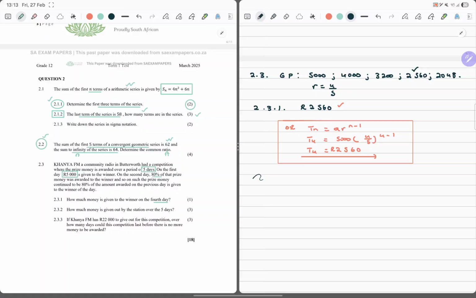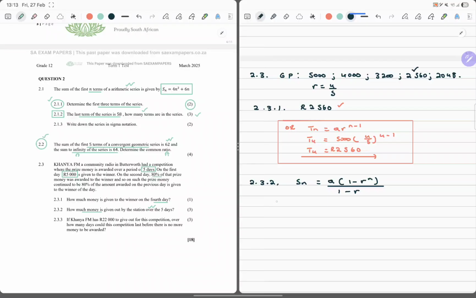Okay, so this is going to be 2.3.2. This one says how much money is given out by the station over the 5 days. That's the sum. So we know that S sub n is going to be a into 1 minus r to the n, over 1 minus r. Why the choice? Because we can see that our common ratio is a proper fraction, which means it's less than 1.